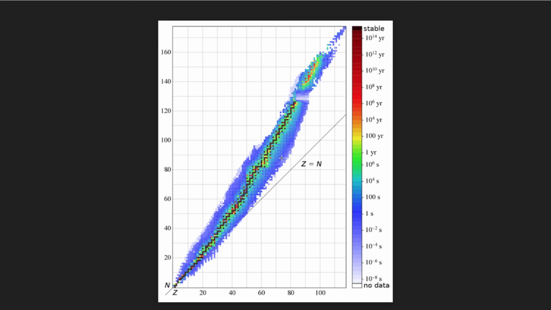Of the elements that have atomic number less than 82, all have at least one stable isotope, except for technetium, which is Z equals 43, so 43 protons, and promethium, Z equals 61. They don't have any stable isotopes. And this interesting fact gives us a bit of a hint as to what makes a stable nucleus.